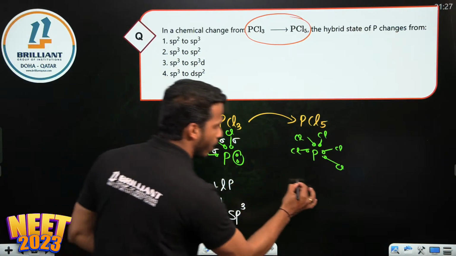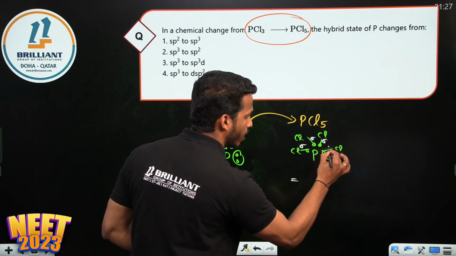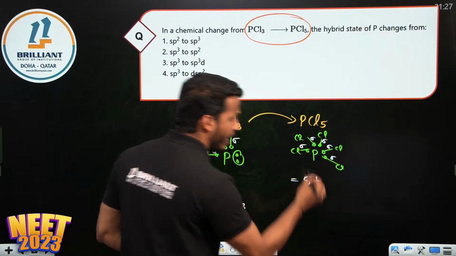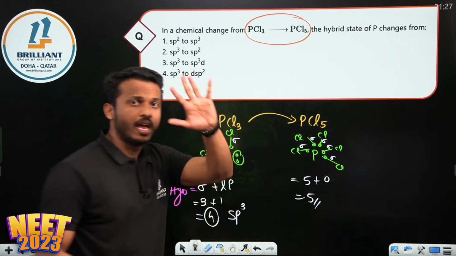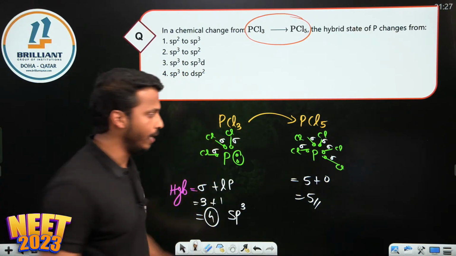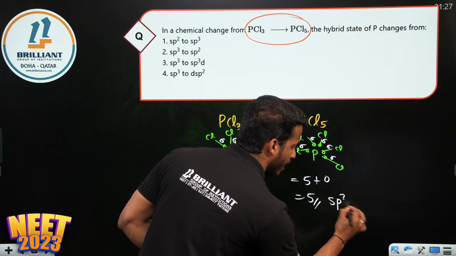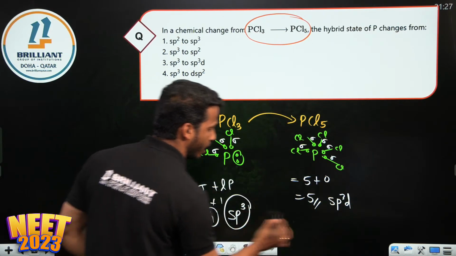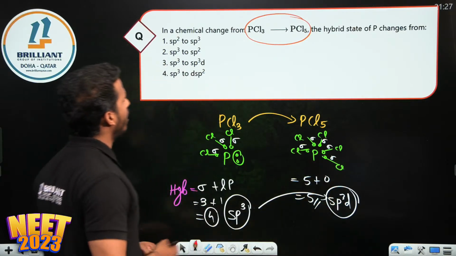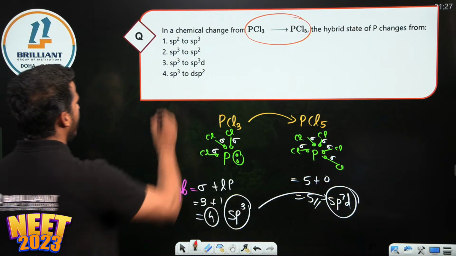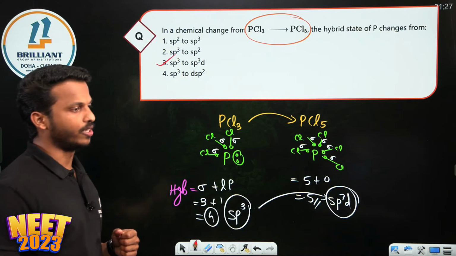What about this case, dear all? How many sigma bonds? In total there are 5 sigma bonds. Is there any lone pair? No. So the total sum is 5. 5 means sp3d. sp3d, that is the hybridization. So sp3 becomes sp3d. What is the option, dear all? Option 3. Yes.